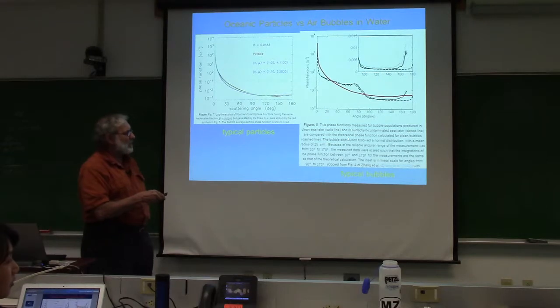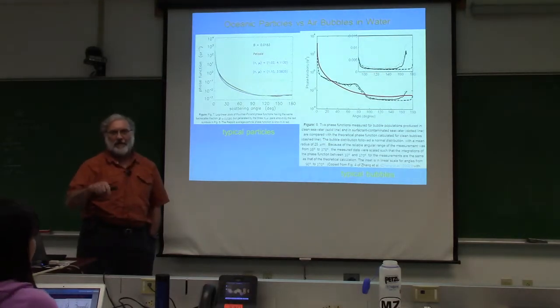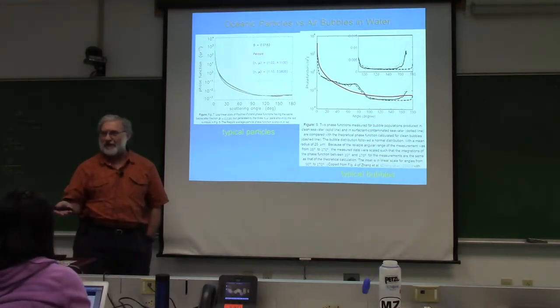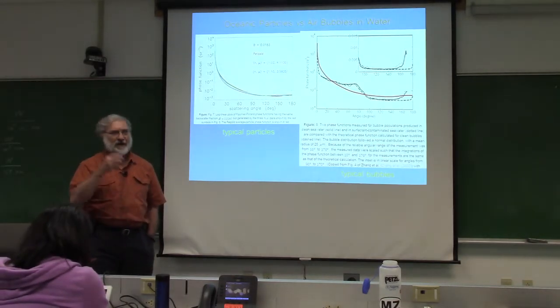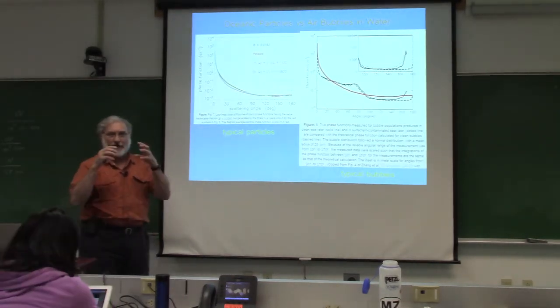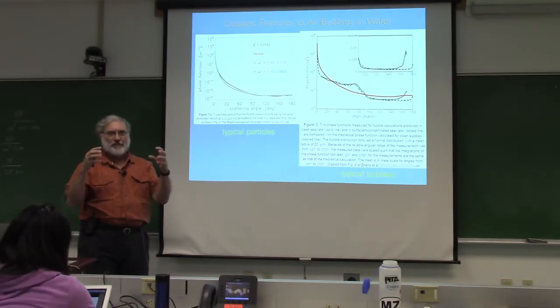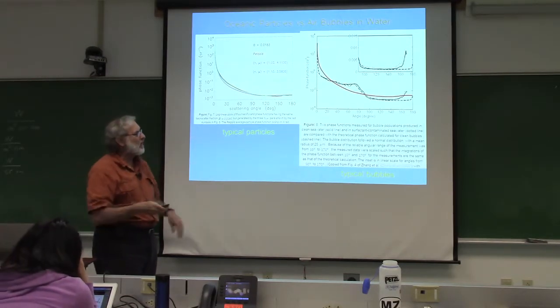Now, the theoretical calculation was Mie theory. You're going to be doing some of that next week. And this is one of the few cases where Mie theory is perfectly good, because you have spherical, homogeneous air bubbles. You're good to go.